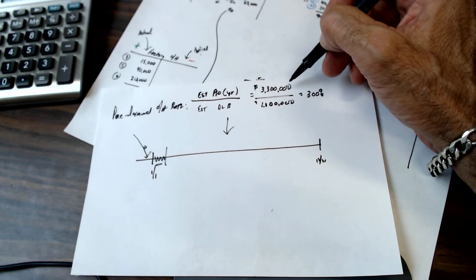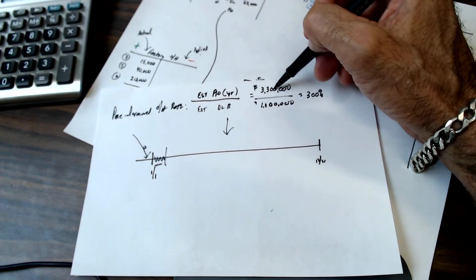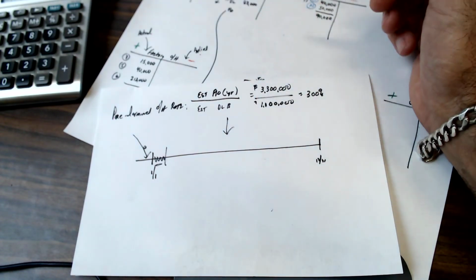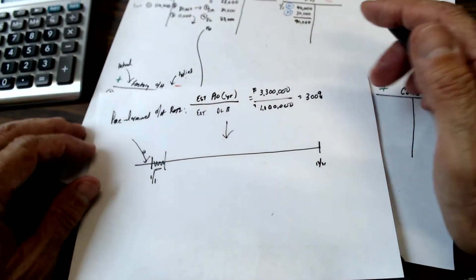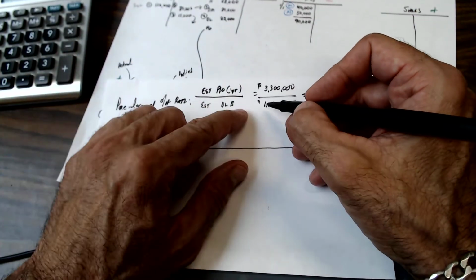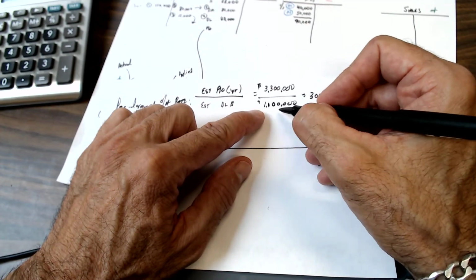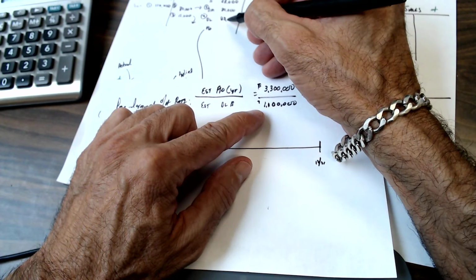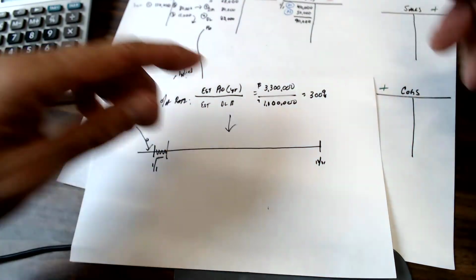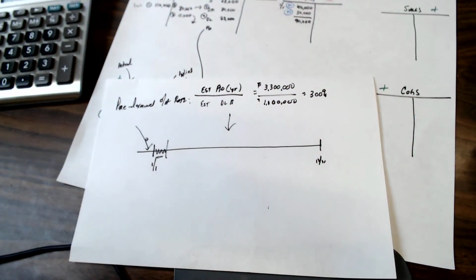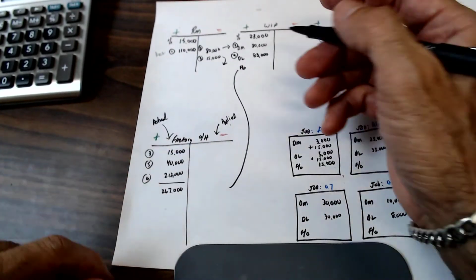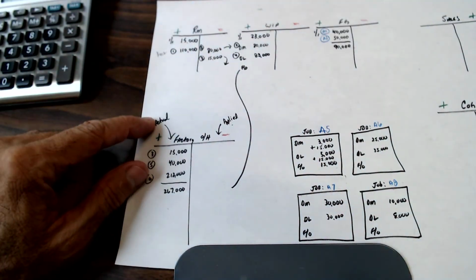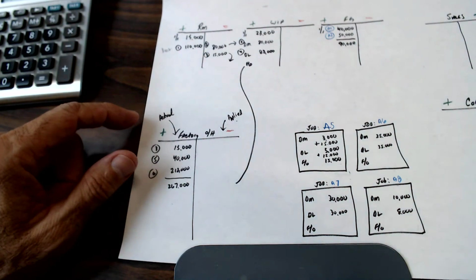Does it look like overhead is going to be 3 times as much as labor? Yes, it does. So as jobs get finished, I will look at the labor in the job, how much labor was incurred, and I will charge 3 times or 300% of that amount as factory overhead. So how much labor was actually incurred? $88,000.